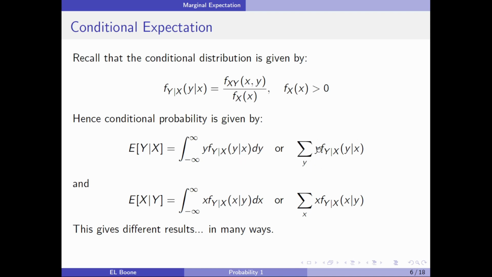Here we're summing over y times the probabilities, and it works the same way for the other ones. Now, these are not interchangeable, by the way, so they are very, very different, and you'll see that once you start looking at the answers that come out of these.